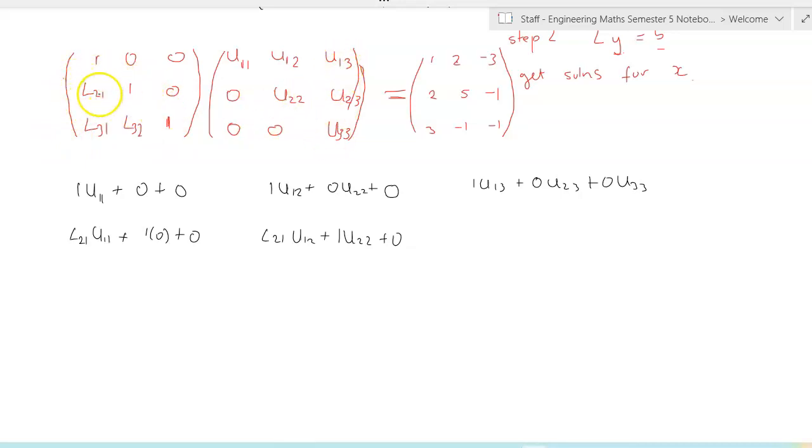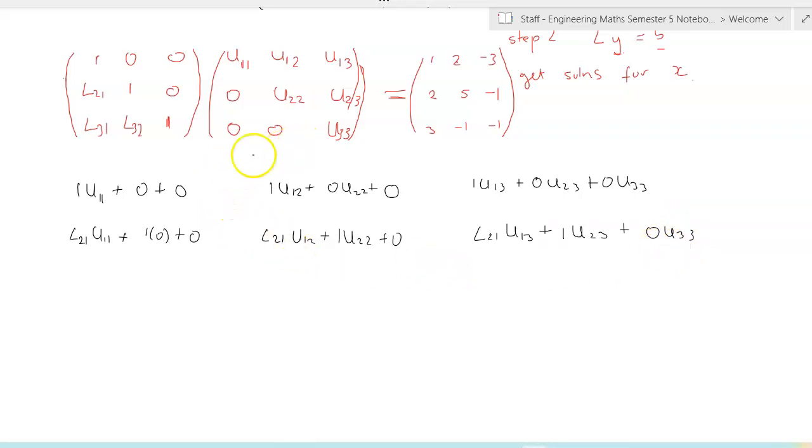So it's going to be L21 by U13, plus 1 times U23 plus 0 times U33, which is going to be 0.